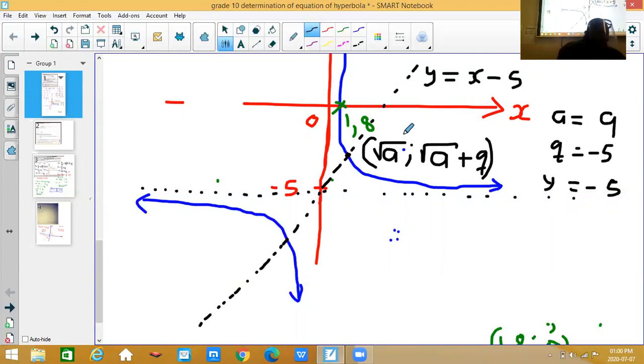Yes. We have a 9 here, right? Not Q, no. Q, you take Q as it is.